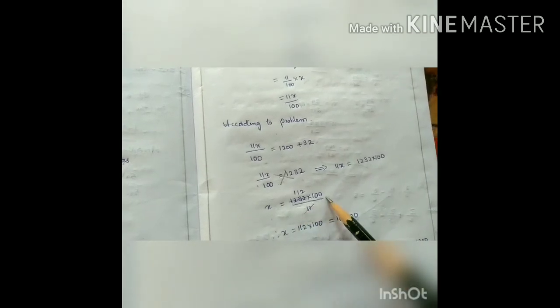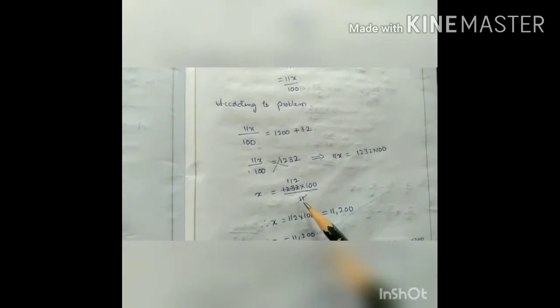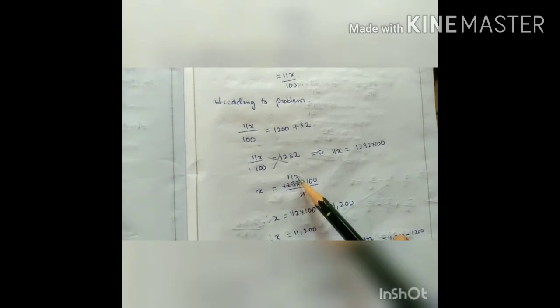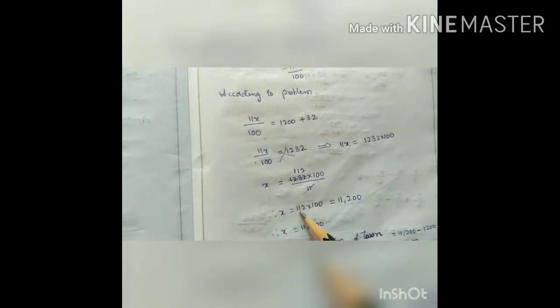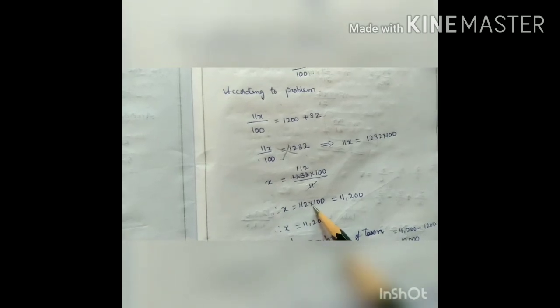So 11x equals 1232 into 100, cross multiplication. So x equals 1232 into 100 by 11. 11 goes into 1232 112 times. So x is 112 into 100, 11,200. Therefore x equals 11,200.